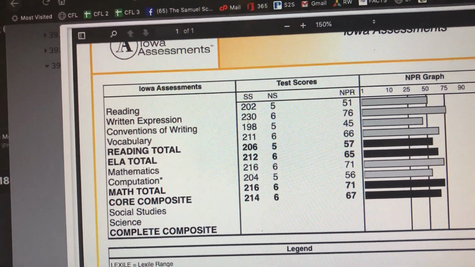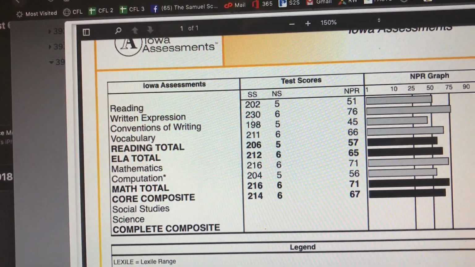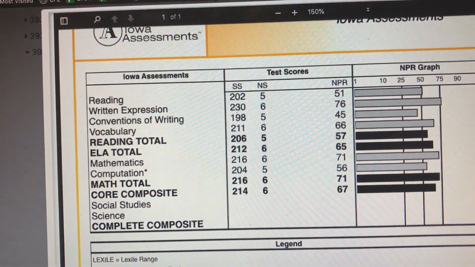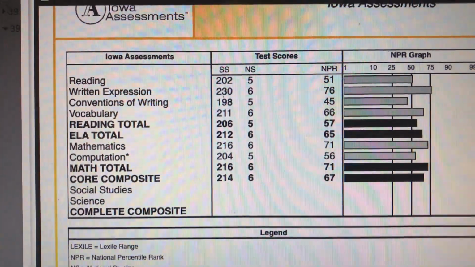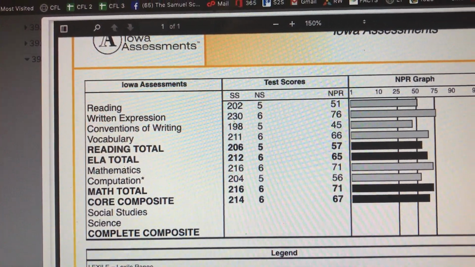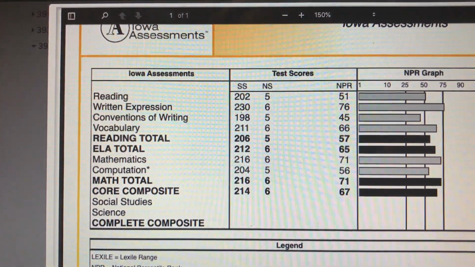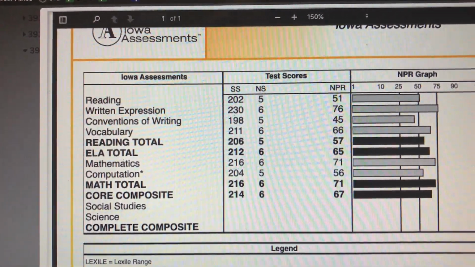There is a summary then. If you add up all the reading, writing, vocabulary, that gives you an ELA total, which in this case the student scored in the 65th percentile. And then likewise, math is made up of mathematics and computation. And in this case, the student scored in the 71st percentile.